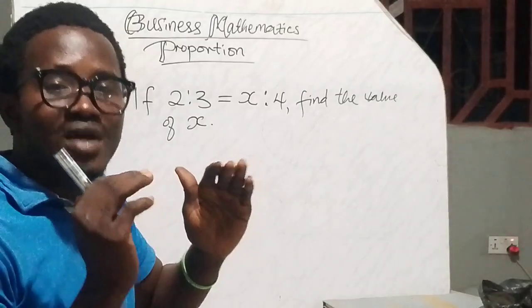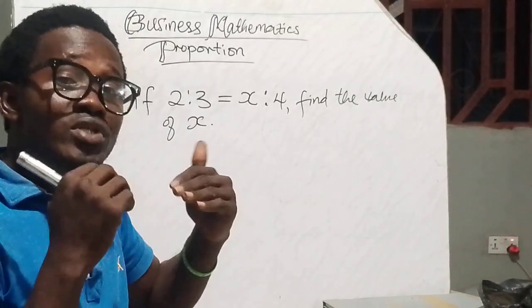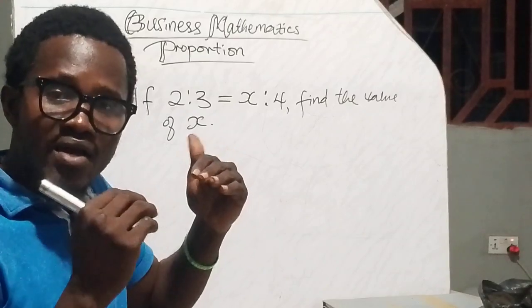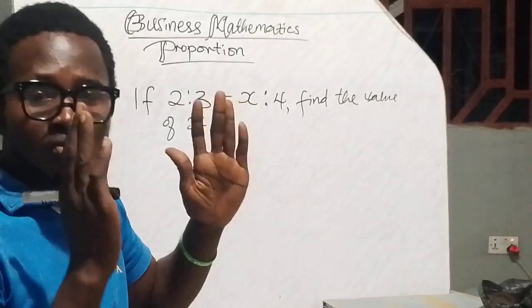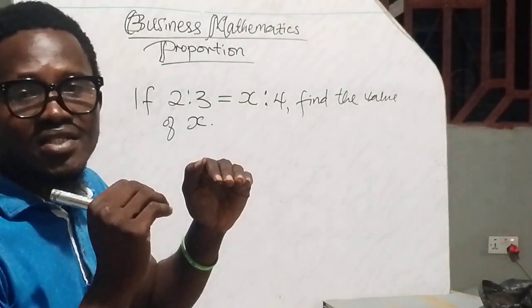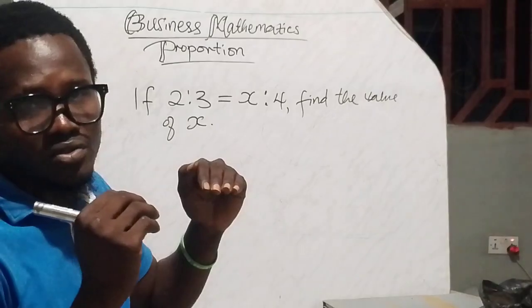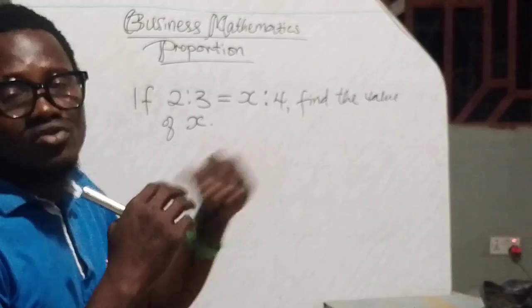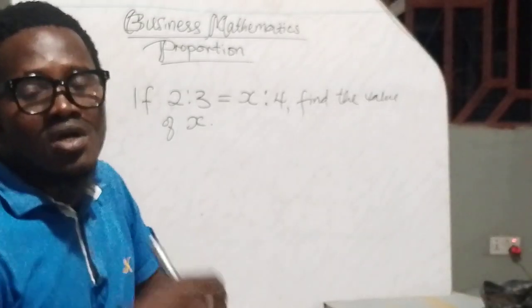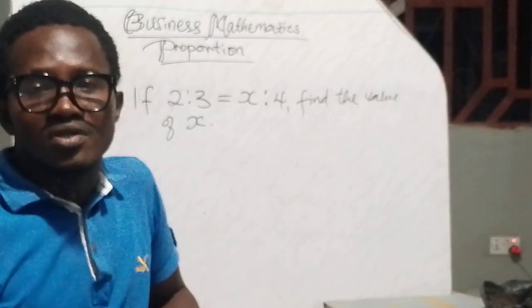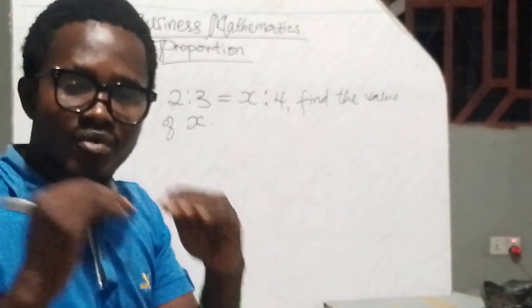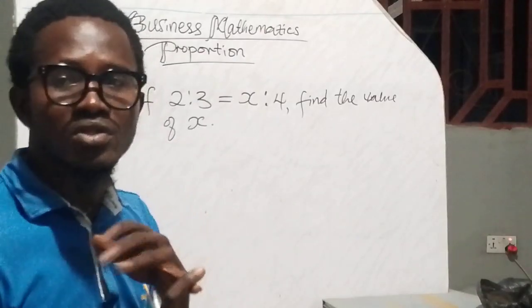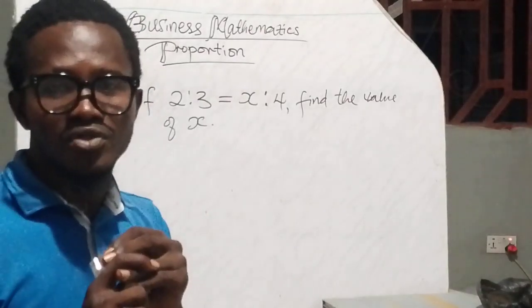When you equate two ratios to each other, that automatically confirms the expression to be called a proportion. There are two types of proportion. For the basics of proportion, I want us to look at direct proportion and indirect proportion.